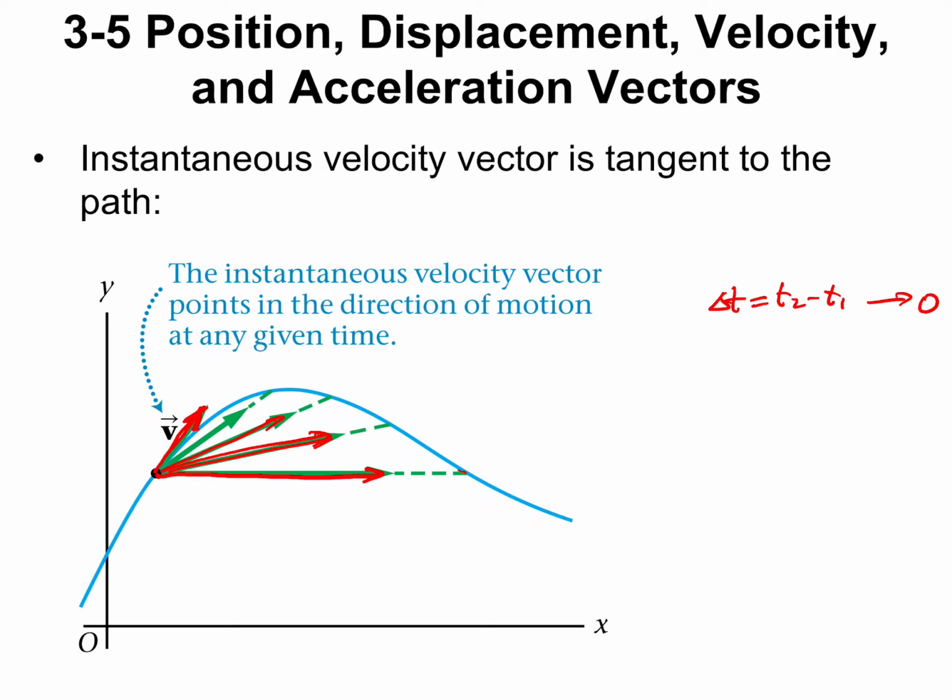And this is your instantaneous velocity direction, or we call that the velocity. Remember, this is direction, not magnitude. The direction points there, and for magnitude, you have to do the calculation.